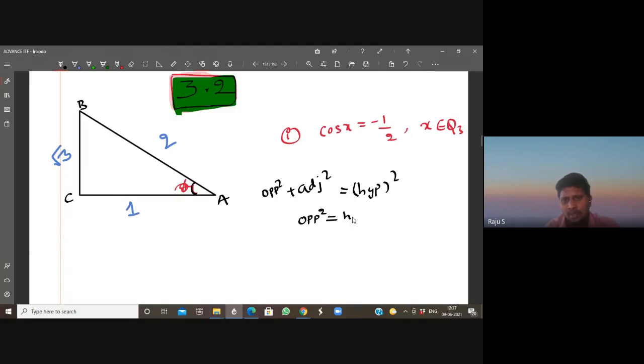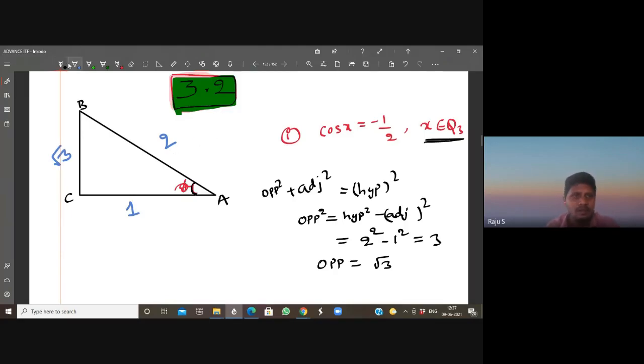Opposite square is equal to hypotenuse square minus adjacent square, which is 2 square minus 1 square, equal to 3. We require only opposite, so this is square root of 3. Plus or minus square root of 3, actually we can take plus. Clearly here x belongs to third quadrant.